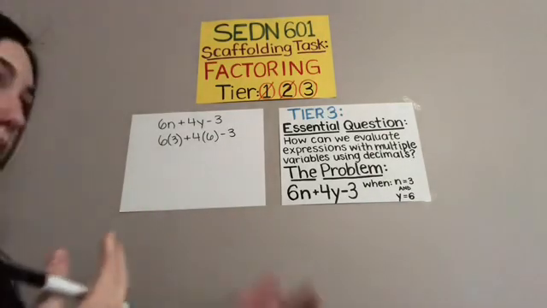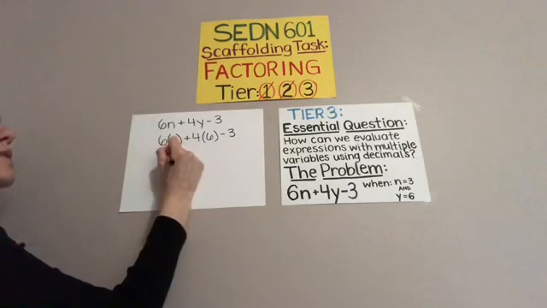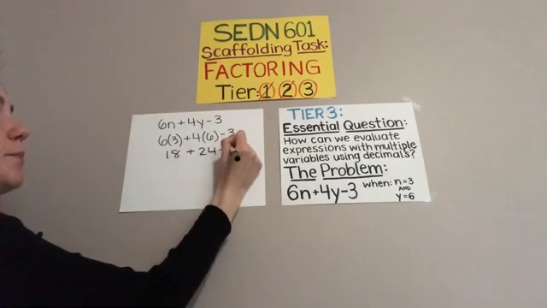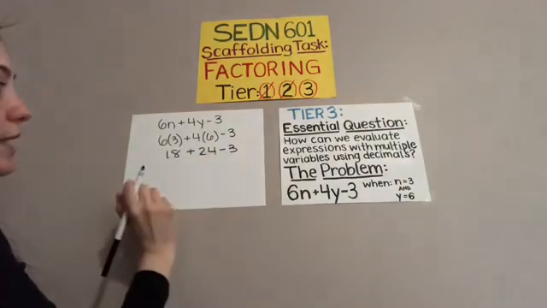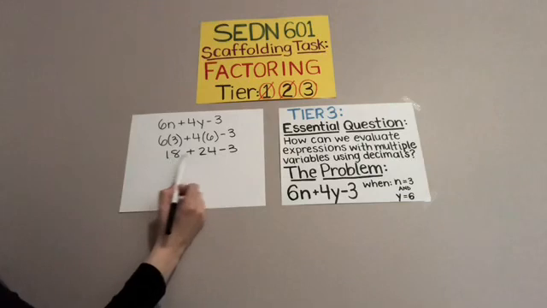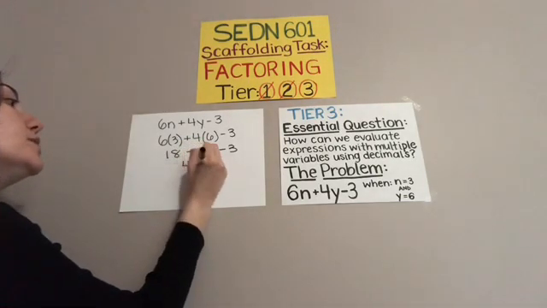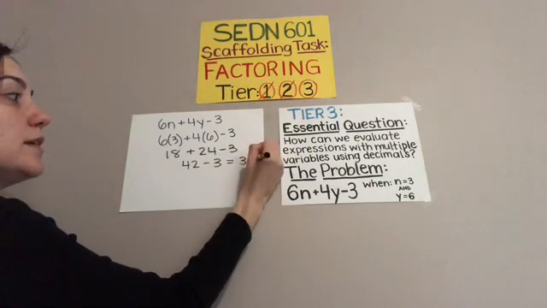So now, with this tier, they should know to multiply when needed. 6 times 3, 18. 4 times 6, 24, minus 3. Then they will add and subtract across. 18 plus 24, 42, minus 3, 39.